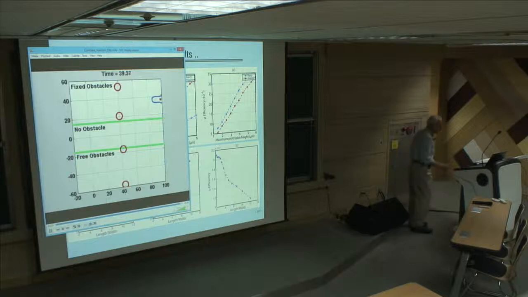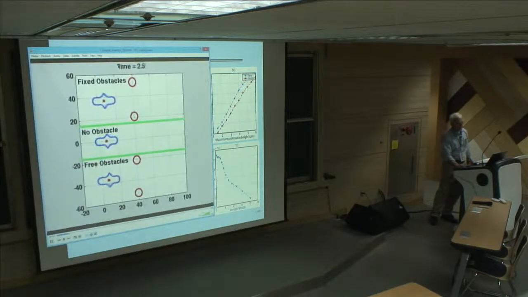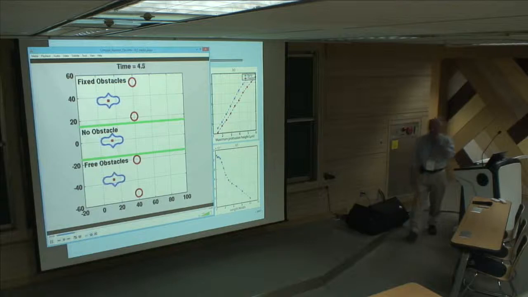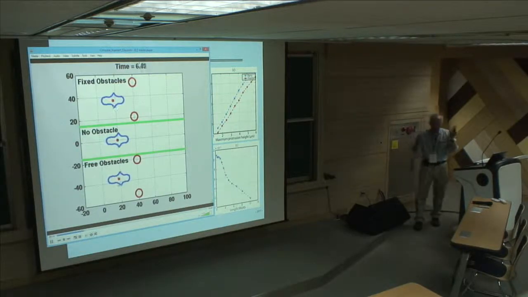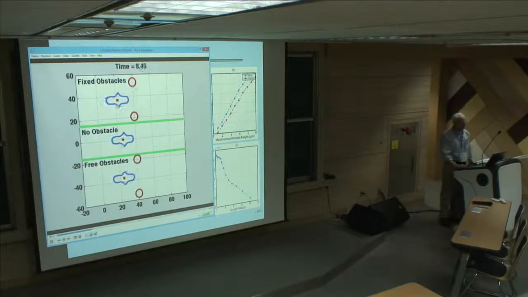So this is a little attempt at trying to understand what the effect of obstacles on a swimmer might be. So here's a swimmer going past two fixed obstacles. All right? You could think of this as something in the ECM that it has to get past. Compared with a swimmer that's facing no obstacles, obviously there's an effect. Okay?